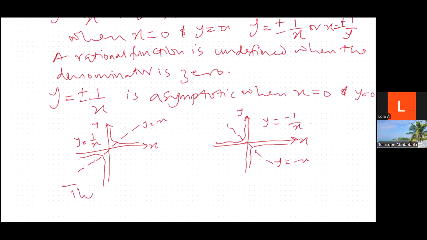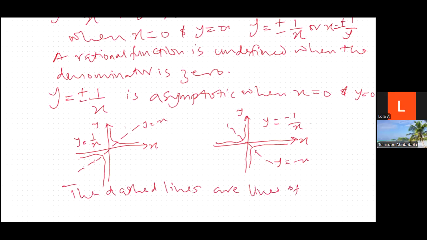The dashed lines are lines of symmetry. Can you hear me? Okay.